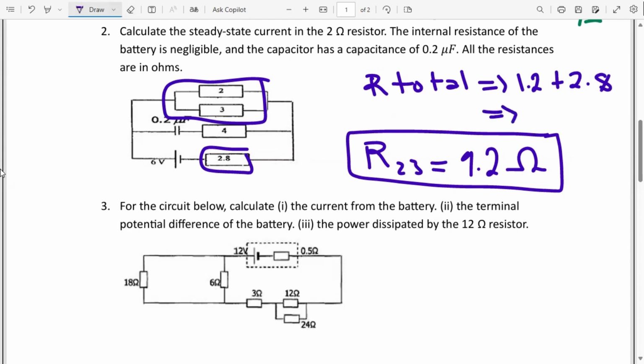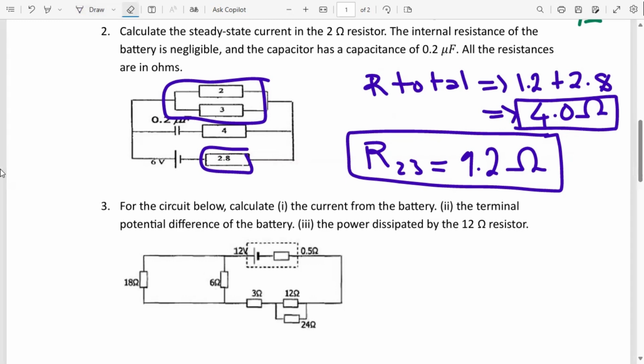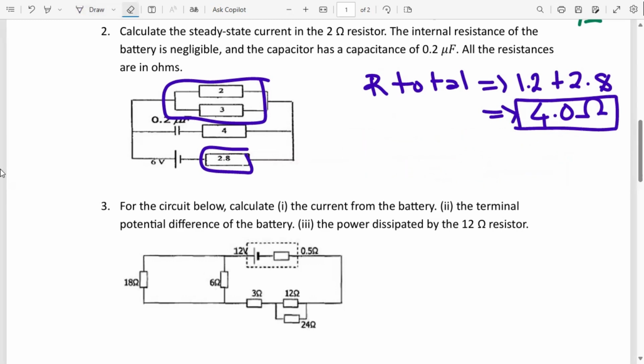This gives us the total resistance within this circuit as 4.0 ohms. So this is the equivalent resistance in this particular circuit, 4.0 ohms. Now that we've calculated the total resistance, we are able to calculate the total current flowing through this direct current circuit.